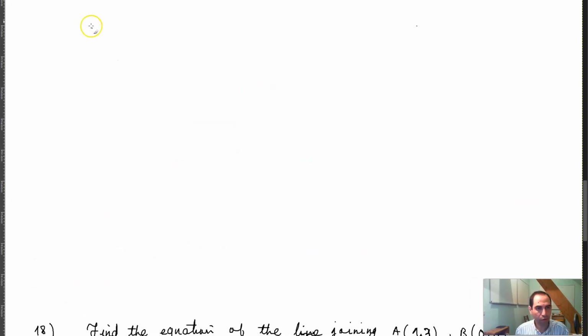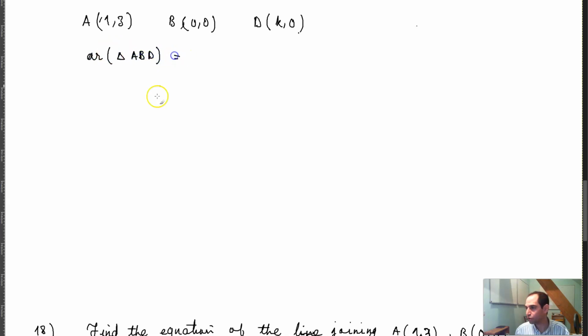The points are A, which was 1, 3, and B, which was 0, 0, and we said that if D is a point with coordinates k, 0, is a point such that the area of the triangle ABD is equal to 3 square units. 3 square units, right?